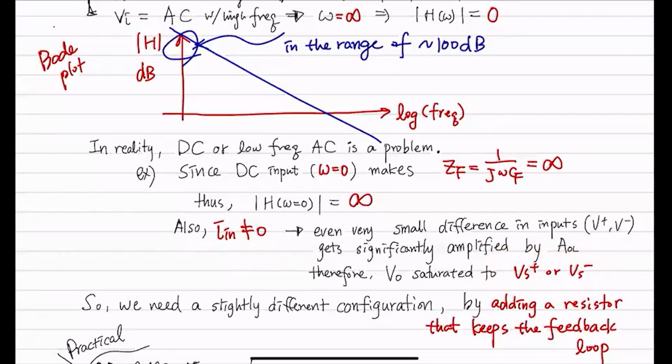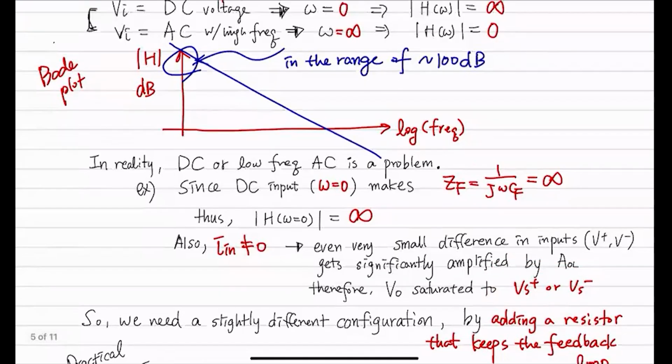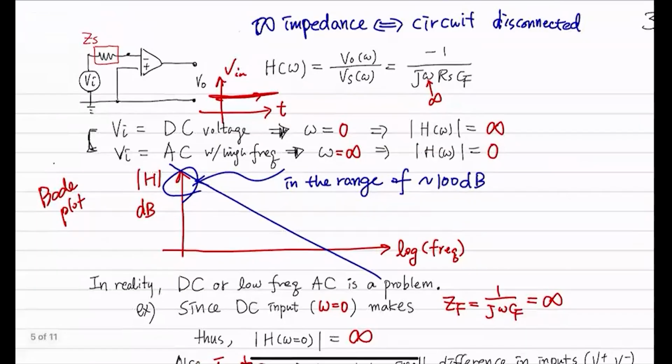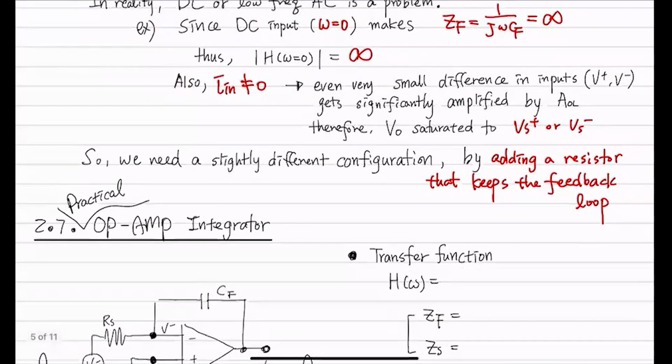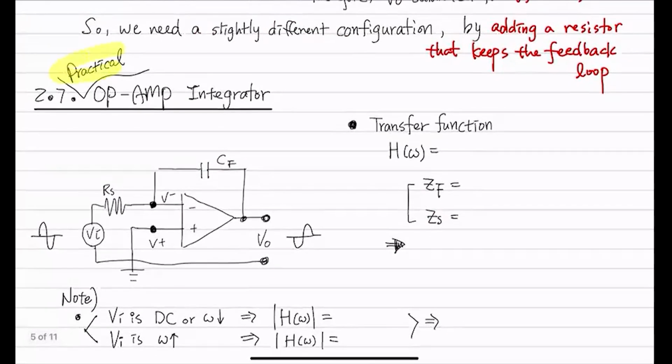So the remedy for that is we would like to keep this feedback loop by having an additional resistor like that. And that is the so-called practical op-amp integrator.